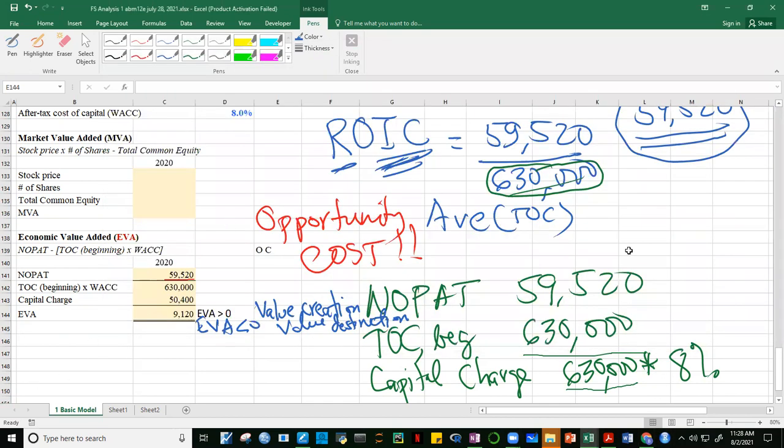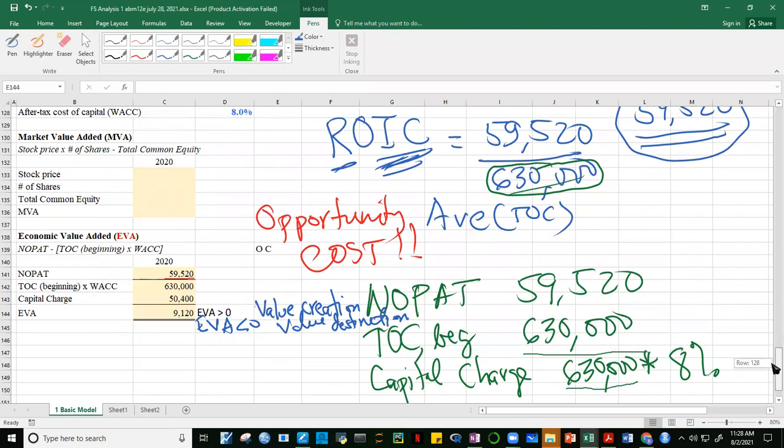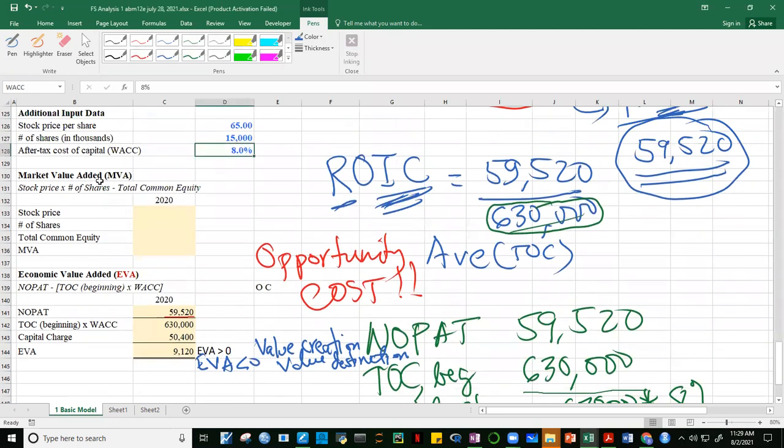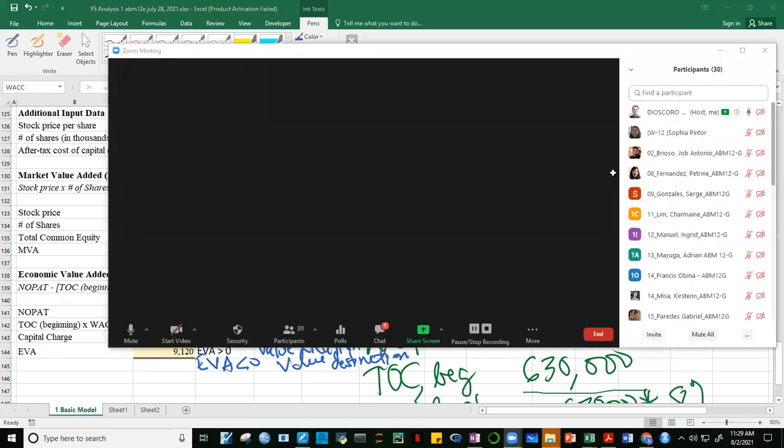What's the 8%, guys? That's our weighted average cost of capital. Given yan. Actually, kino-compute yan. And it's not really easy to compute, pero we'll have a discussion of that. Pero yung simplified, kasi maraming factors talaga yan. Okay, thank you, Eliza.